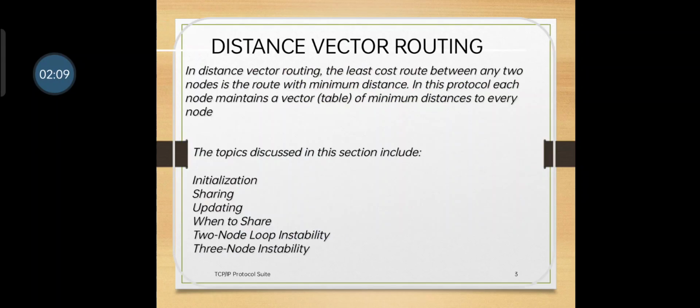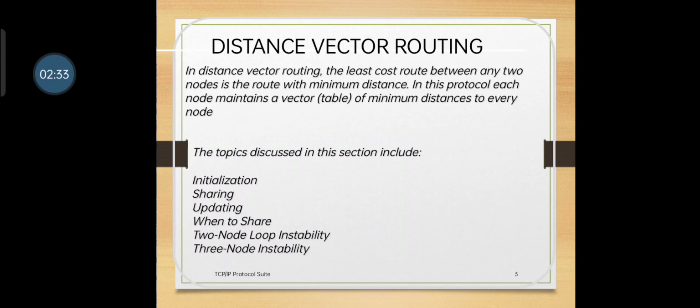So what is distance vector routing? It is the simplest form of a routing algorithm. It tries to find the least cost, the minimum distance, to reach a particular node. It picks the neighbor node with the least cost, which should be the via to reach other nodes.